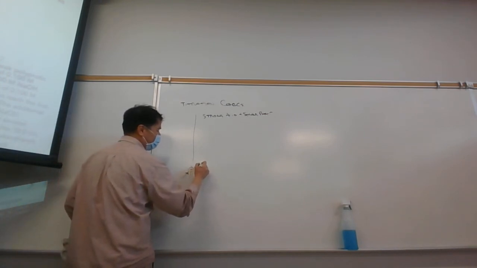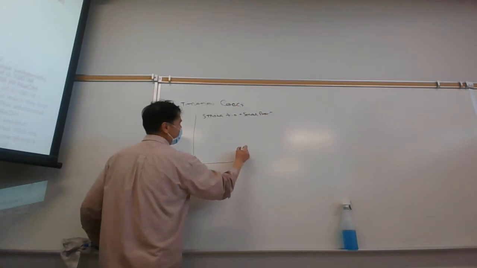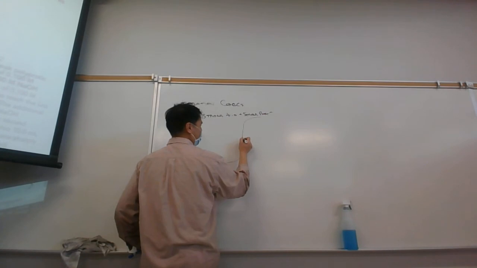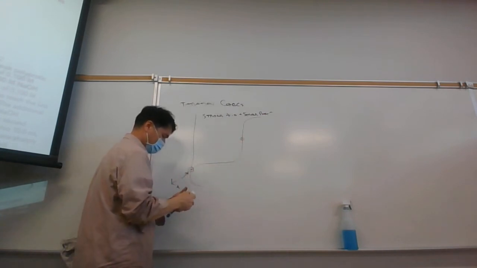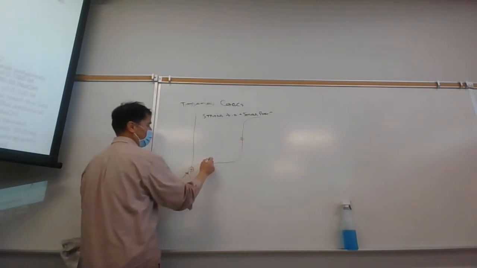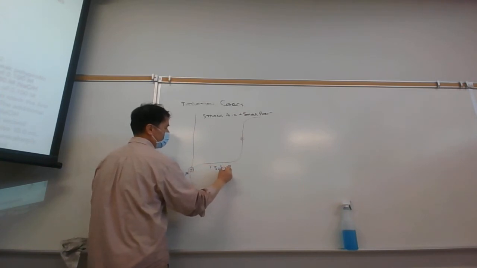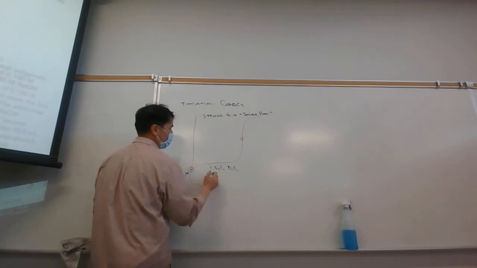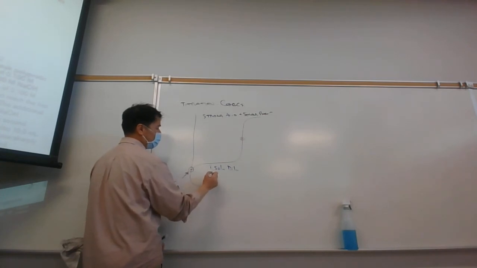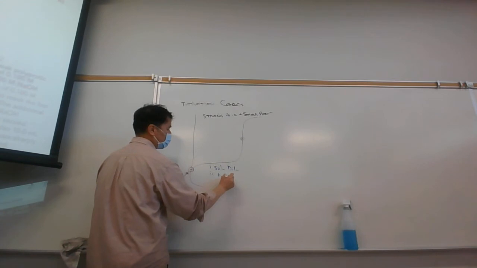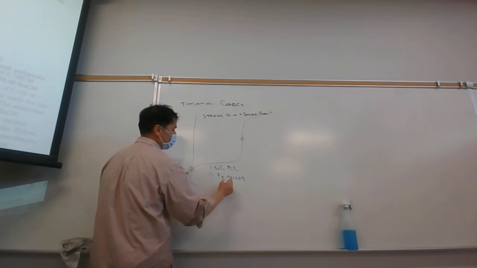And then between here and the equivalence point would be step 1, solution dilution. And then step 2 would be Ka for excess acid.